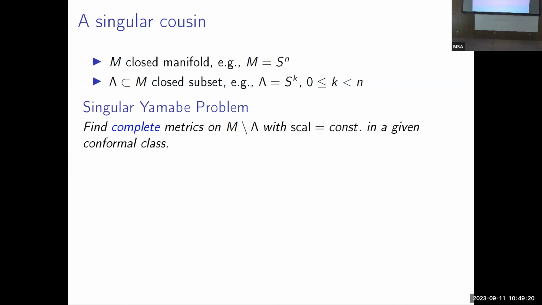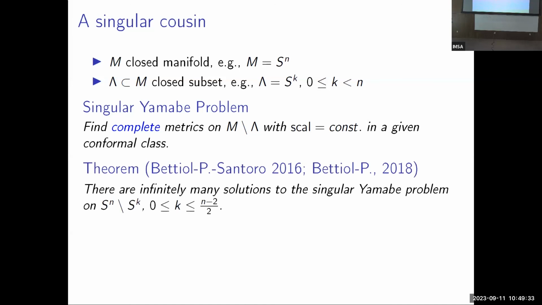Okay, if you want to find a complete metric on the complement of some set, then the conformal factor must explode at the singular points to make it metric complete. And using bifurcation, we find infinitely many solutions to this problem.